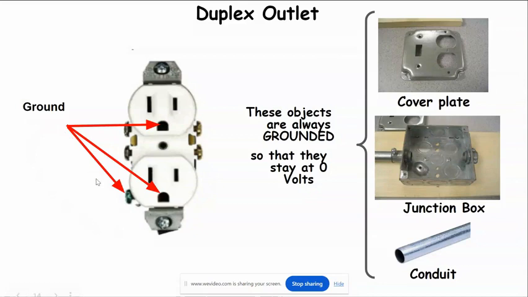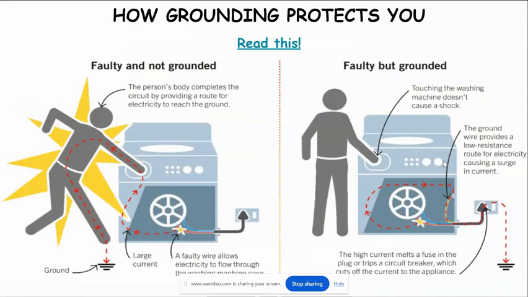There's a connection between this green screw and these other screws. So the point is that anything metal on the outside that you can touch should be safe, and you want it to always be at 0 volts. That's how you do it: you connect a wire to this green screw and then attach your device accordingly.